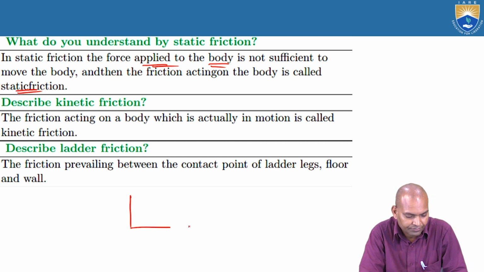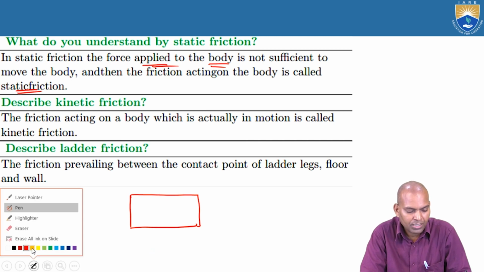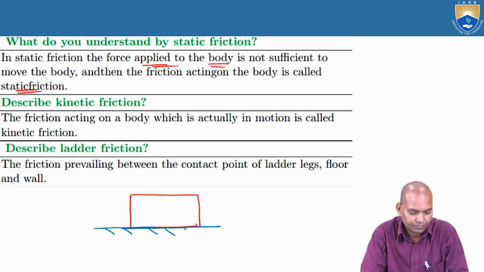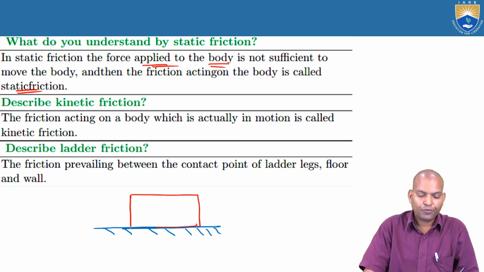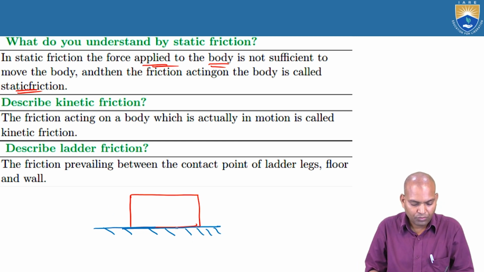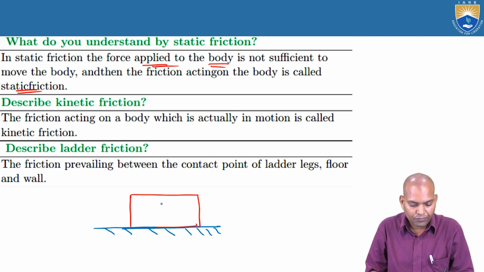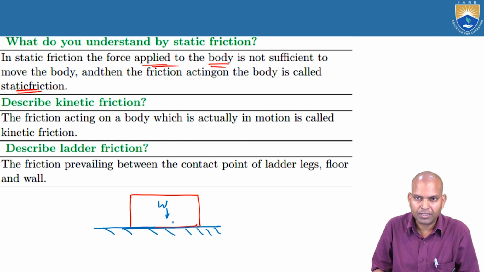What is the meaning? Here there is a static body placed on a plane. What is the force applied? The self weight of the body is W, acting vertically downwards, passing through the center of gravity of the body.